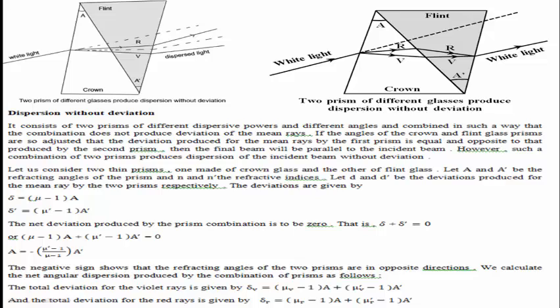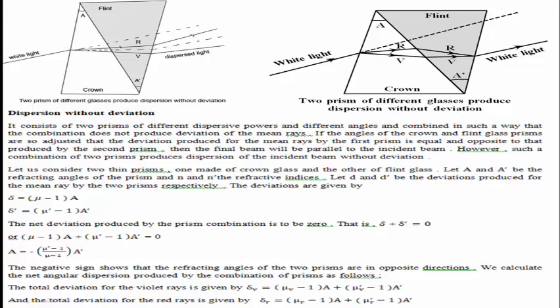If the angles of the crown and flint glass prisms are so adjusted that the deviation produced for the mean ray by the first prism is equal and opposite to that produced by the second prism, then the final beam will be parallel to the incident beam. However, such a combination of two prisms produces dispersion of the incident beam without deviation.